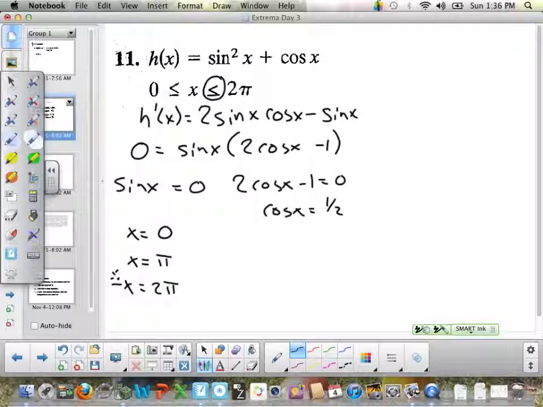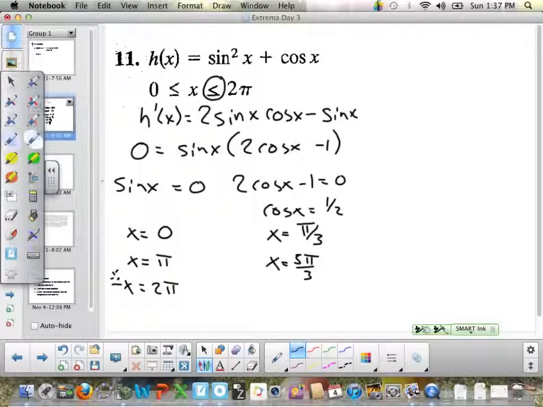All right, where does cosine equal 1/2 in the interval from 0 to 2 pi? Well, cosine equals 1/2 at pi over 3, and in the fourth quadrant at 5 pi over 3.